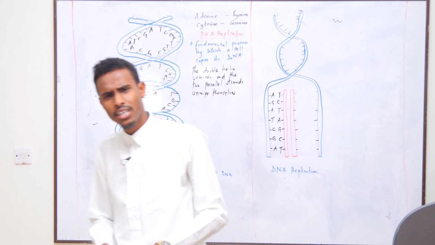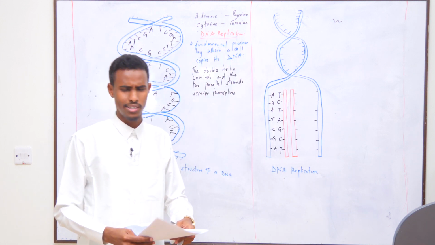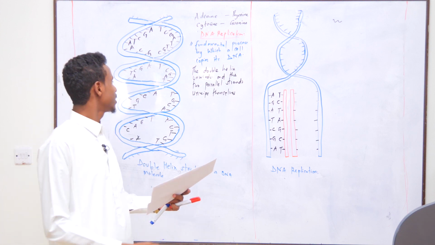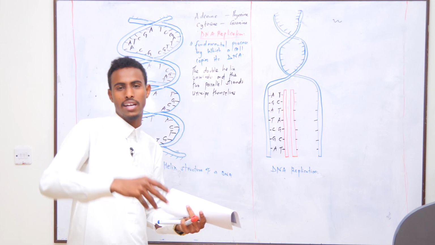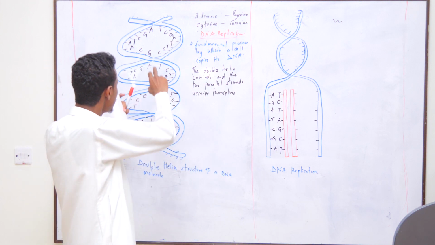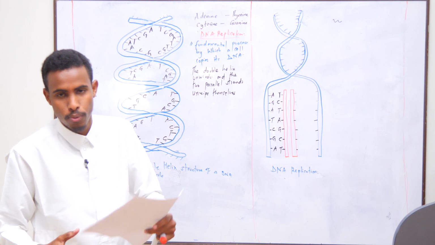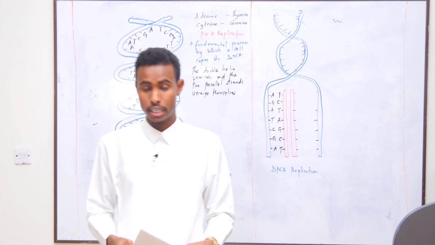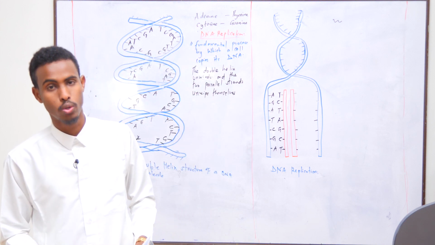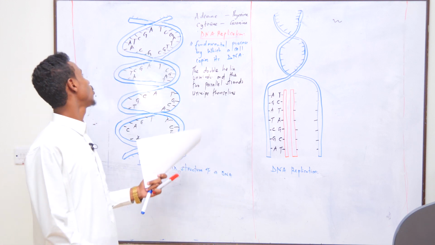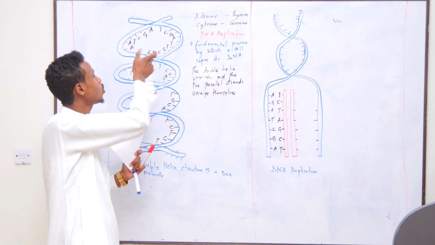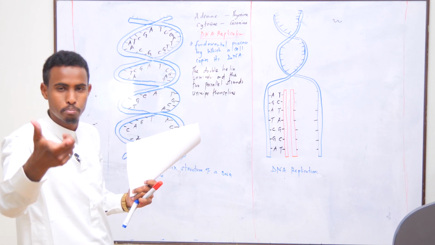Now, what is the reason behind this? What enables the two parallel strands, which are twisted, to unzip during the DNA replication? Because class, you must understand what holds the base pairs together.